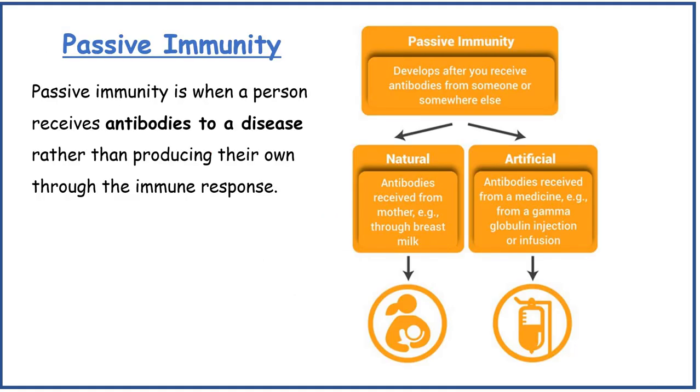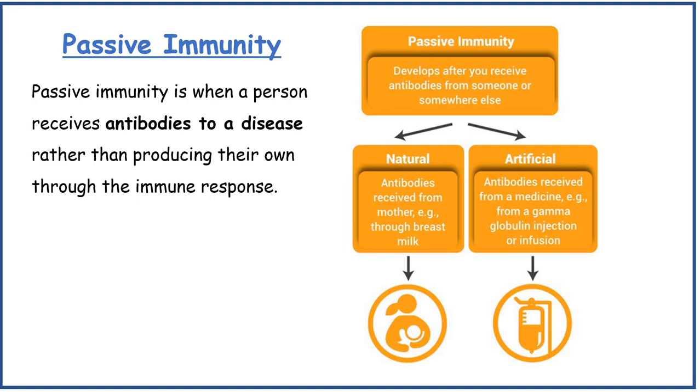So passive immunity is when a person receives antibodies to a disease rather than producing their own immune response. So you just get an injection of antibodies to help you along, but it doesn't actually mean that you've got an immune response. So it's very short-lived. Passive immunity develops after you receive antibodies from someone or somewhere else.